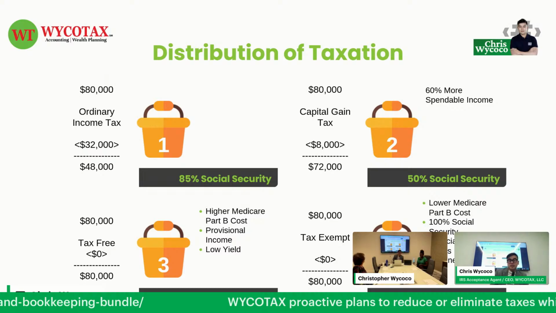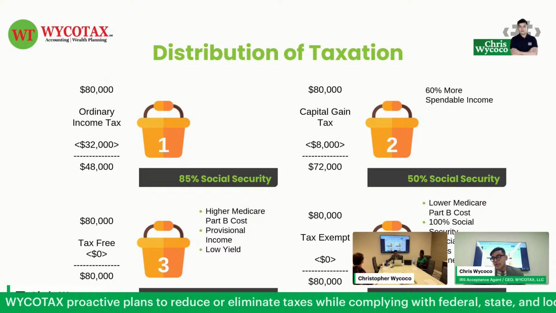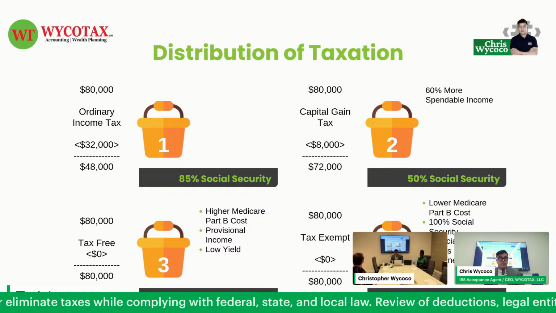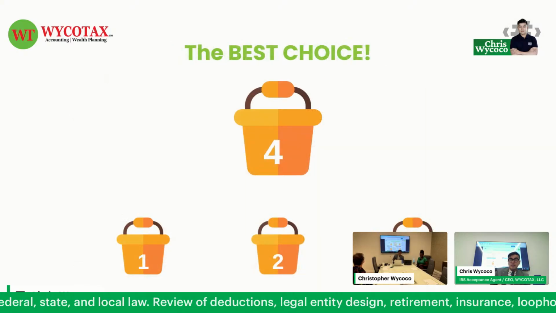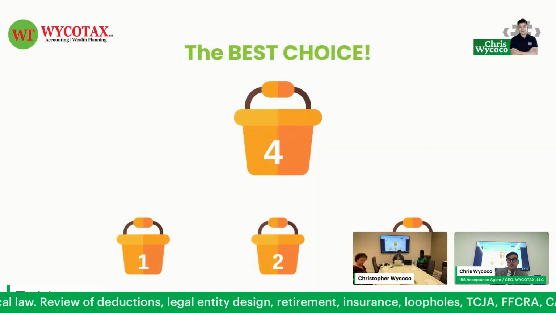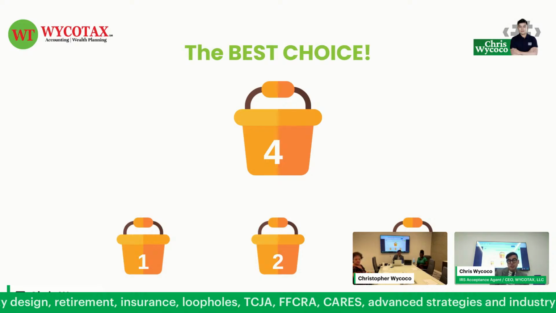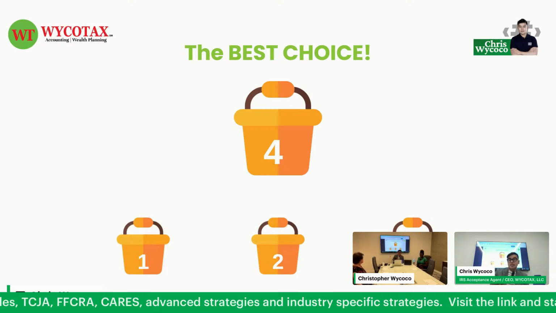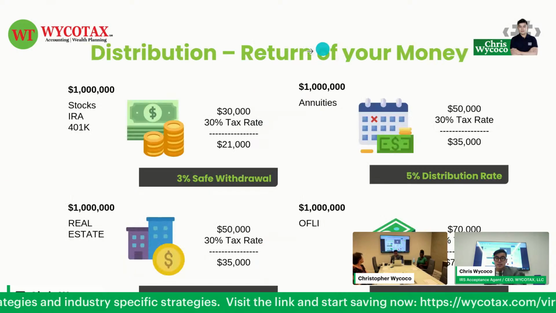Your Social Security is not subject to any taxation because with life insurance, any interest that grows compounding is protected by the IRS from taxation. We're going to dig deeper into what the Internal Revenue Code says about this. Of course, we would like to make sure you make the best choice, since you're working hard for your money, with less tax or zero tax, which we will work on.